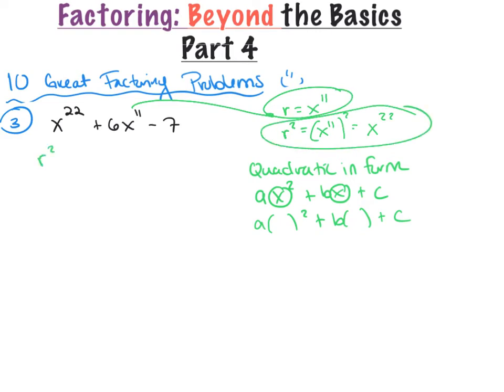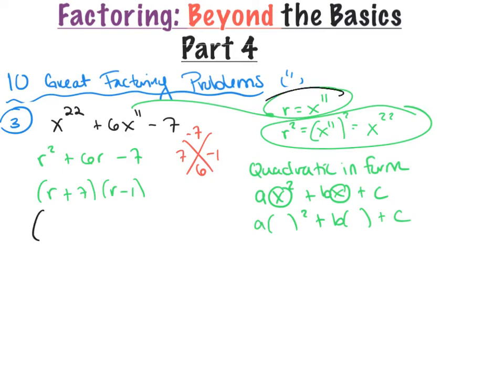So this becomes r squared plus 6r minus 7. Very easy to factor. Two numbers that multiply to be negative 7 but add to be 6 are 7 and negative 1. So this factors to r plus 7 and r minus 1. But we have to answer in terms of x's because that's how the question came.